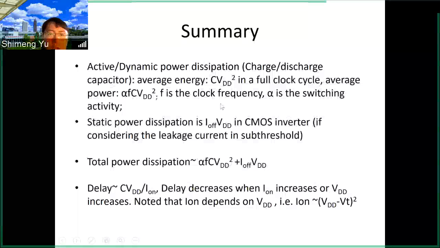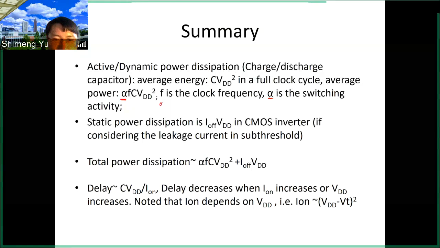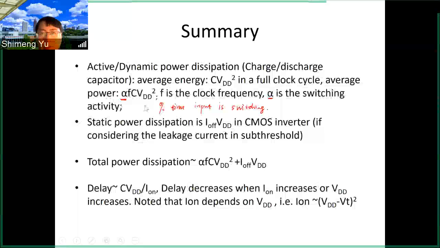But here we add this alpha in front, which is the switching activity, the percentage of the time that the input is switching, because not every clock cycle the input is going to switch. So we need to multiply by this switching activity factor.